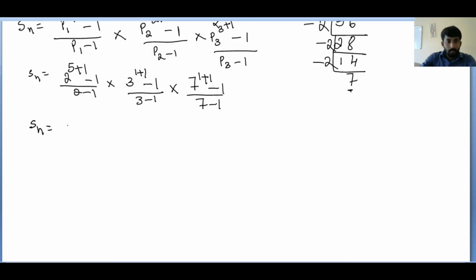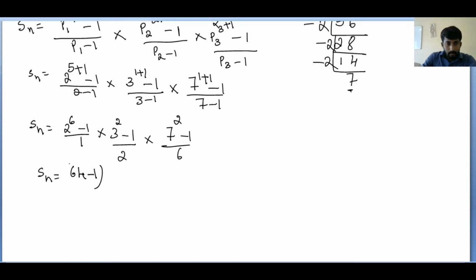Sn is equal to 2 to the power 6 minus 1 by 1, into 3 to the power 2 minus 1 by 3 minus 1, that is 2, into 7 to the power 1 plus 1 is 2, minus 1, divided by 7 minus 1 is 6. In the next step, Sn is equal to 2 to the power 6, that is 64, minus 1, into 3 square, that is 9, minus 1, by 2, into 7 square, that is 49, minus 1, divided by 6.